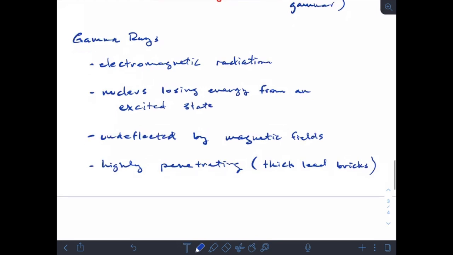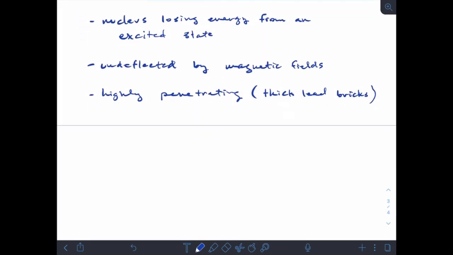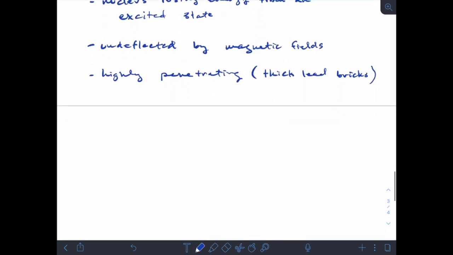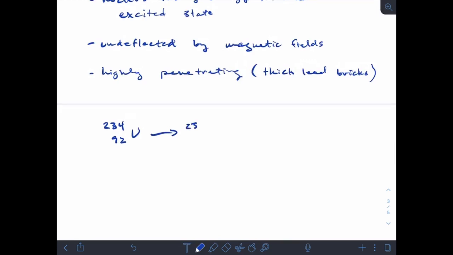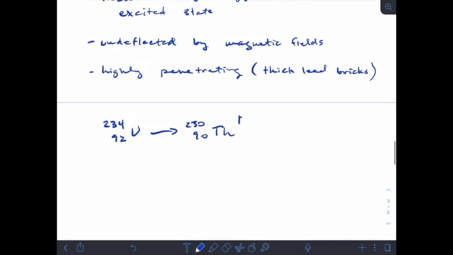So let's take a look at the process of how we get gamma rays. If we take a look at alpha emission from uranium, so uranium-234 undergoes alpha emission, becomes thorium-230, and we're going to show that it's an excited nuclear state by this thing called a double dagger.